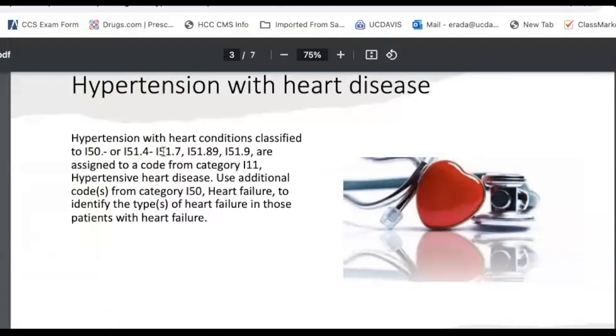And then what is this I-11? Can you guys look at the I-11 category code? Let me read: I-11, hypertensive heart disease. And we know that I-11 is not a complete code. Remember the icon right next to it?